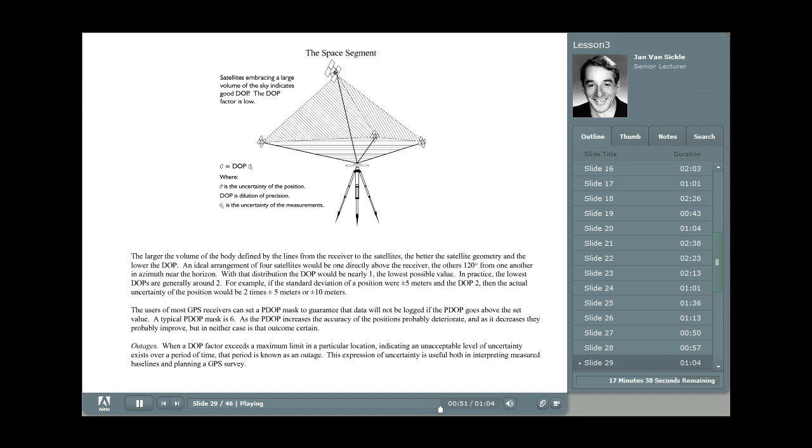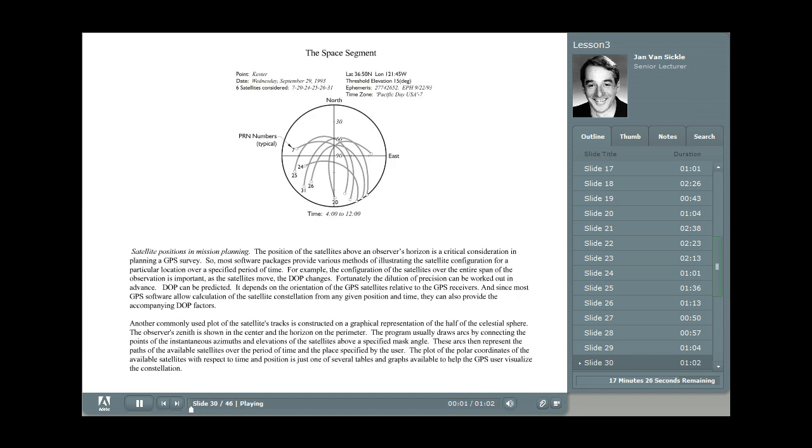Now, when high DOP values do occur, they can reach a level that is actually an outage. In other words, it's not useful to observe GPS when the satellites are crowded together.